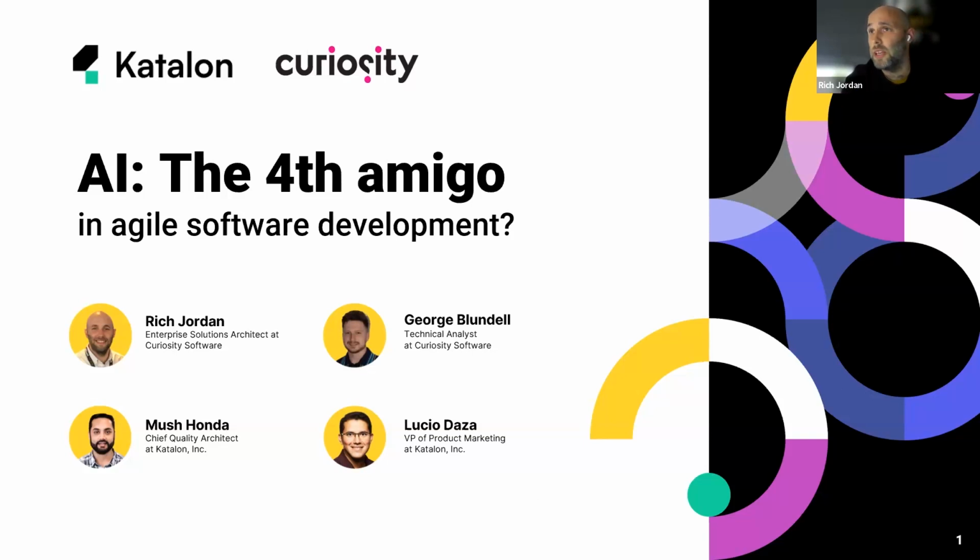Then we'll talk to some of the opportunities that AI brings in the world of testing, but also bring some reality to that: some of the obvious challenges that adopting AI can bring to organizations, some of the barriers to entry of AI when it comes to testing, and some of the solutions we've come up with. And then we'll get on to the stuff that you really come here to see, which is demos of the solution offerings from both Curiosity and Katalon when it comes to AI within testing. All right, so without further ado, let's get going.